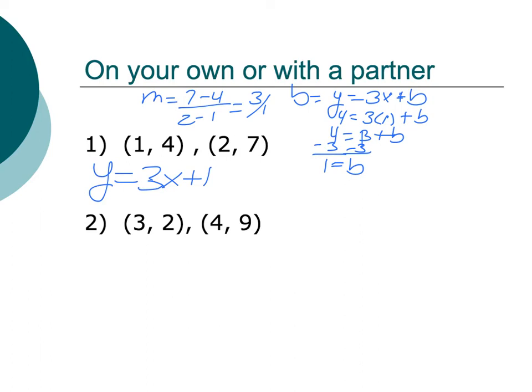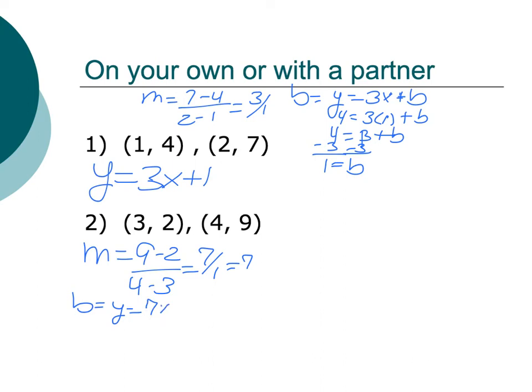Two, same thing. Find your slope. 9 minus 2 over 4 minus 3. It's 7 over 1, or a slope of 7. For b, plug in what you know. y equals 7x plus b. I'm using the ordered pair (3, 2).